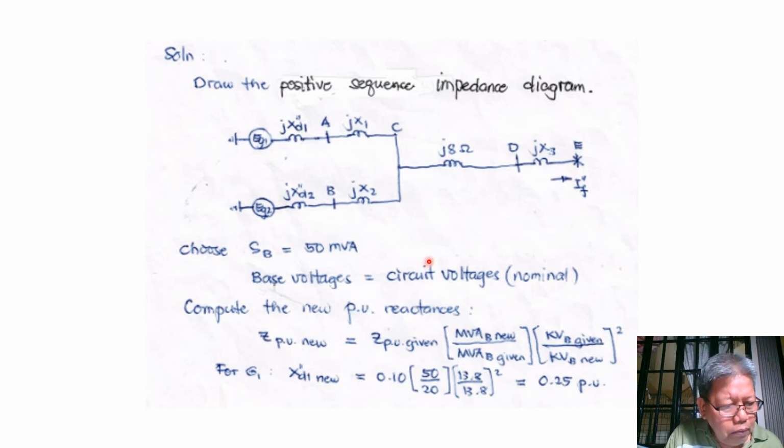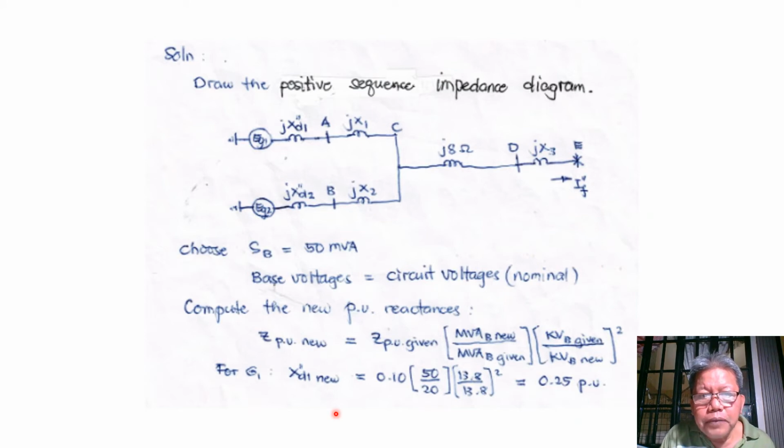However, in this example, we are told to use the largest MVA capacity, which is the capacity rating of transformer 3. Well, anyway, it will just result in the same thing.